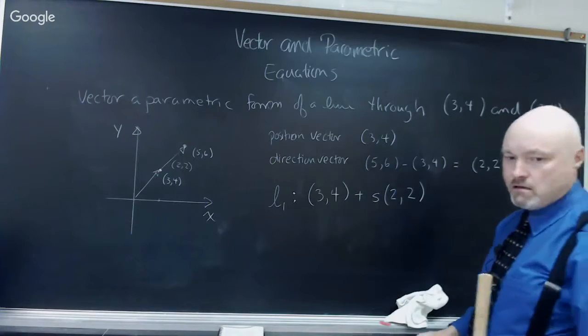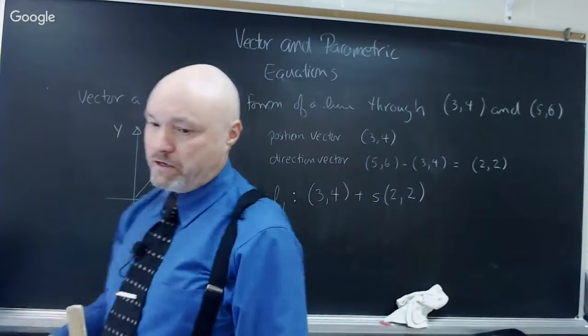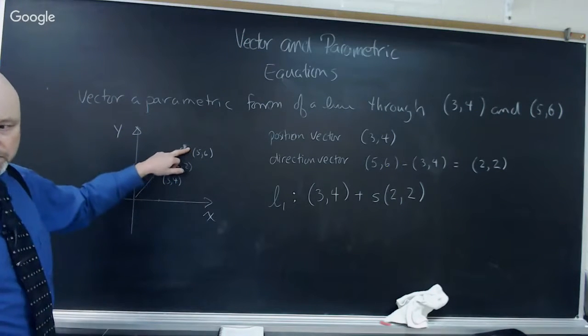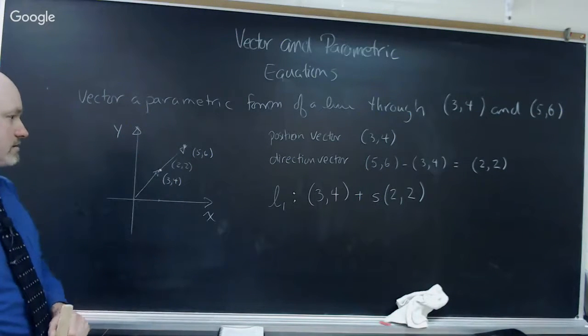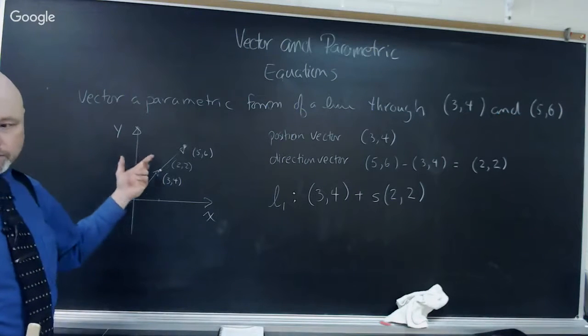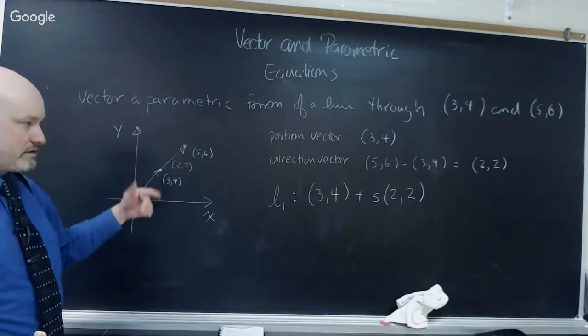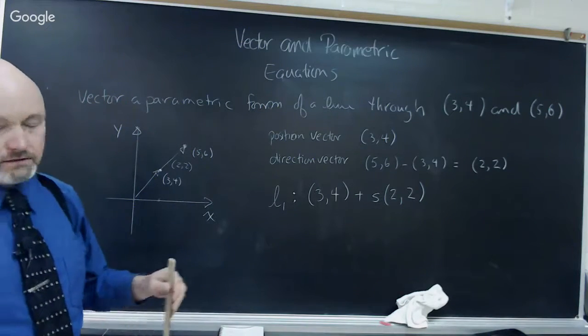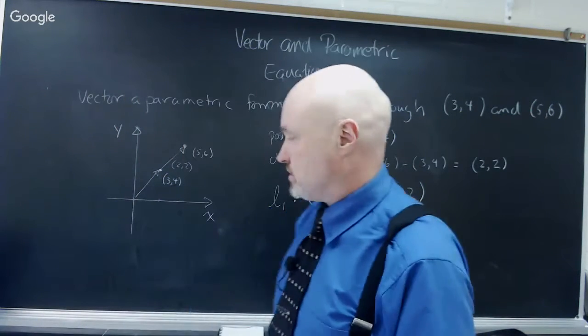All right. Okay. So, you know, we could have picked almost anything. We could have picked this for our position vector. We could have started at 5, 6 and chosen -2, -2 as a direction vector, or -1, -1 as a direction vector. So there are lots and lots of choices.